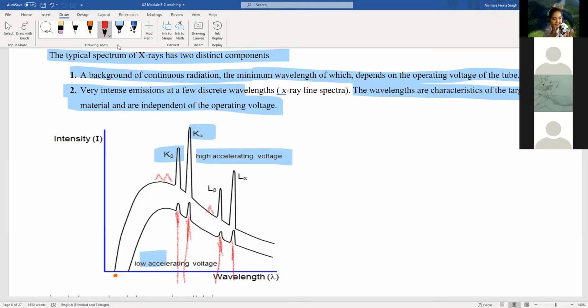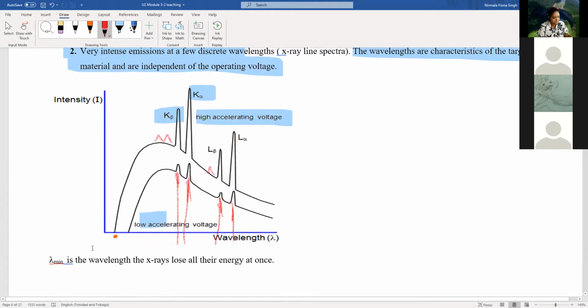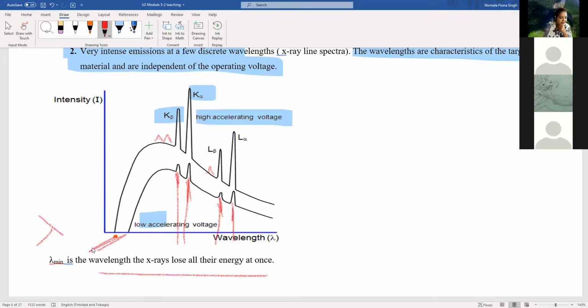All right, so the nice thing about these graphs, they one, tell us what is the minimum. Lambda min is the wavelength where all the X-rays lose their energy at once. Remember, in this topic of quantum physics, we have instantaneous actions. We have instantaneous events, and this is also one of them.